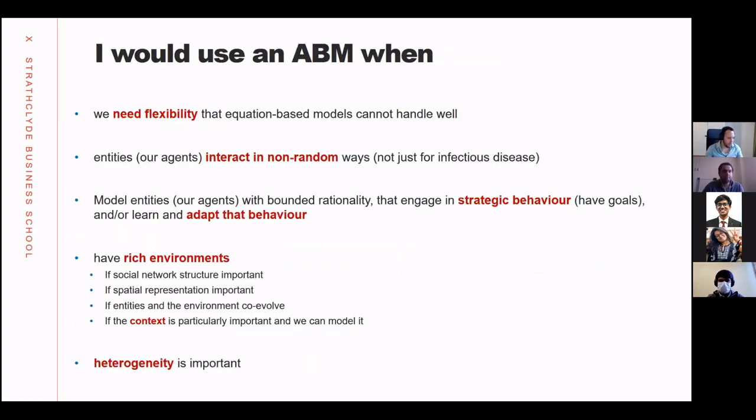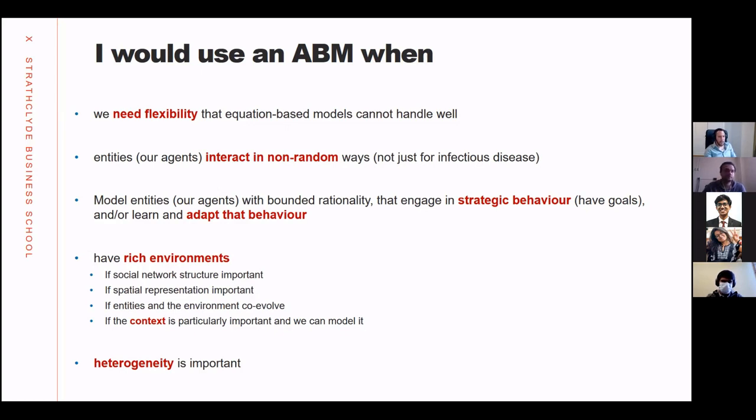On when to use an agent-based model, I would say use it when we need that flexibility that equation models cannot really handle well. When our entities interact in non-random ways is one such case, not just for infectious disease, but if they make decisions that are not just random. But it matters if those non-random decisions or interactions are important for our outcomes or important to answer our specific question.